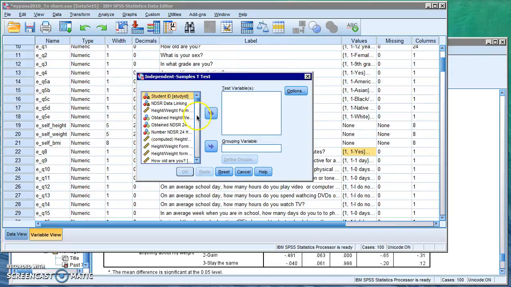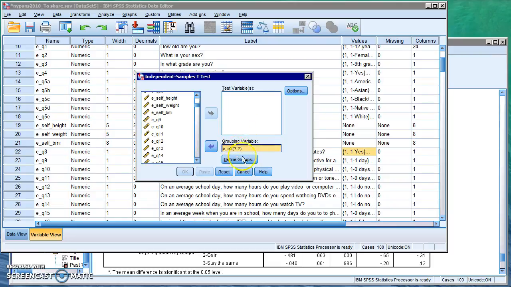And what we're going to do, our dependent variable will go here, and our independent variable will go down here, and we'll define groups in a second.